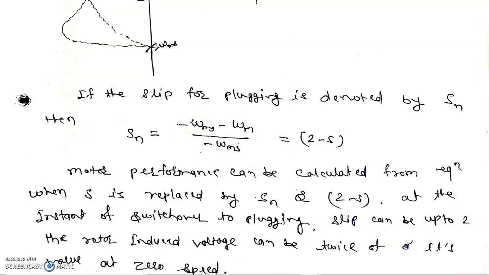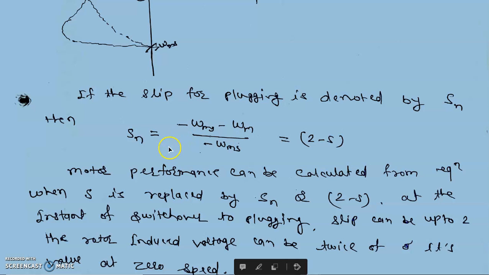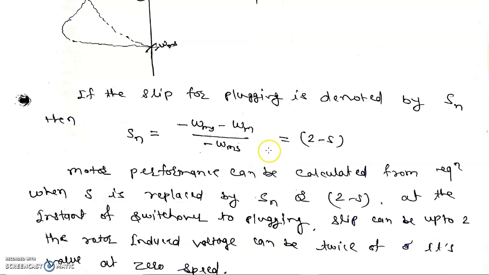So the expression of slip in case of plugging, if denoted by Sn, will become (minus omega ms minus omega m) upon minus omega ms. If we solve this expression, this will become 2 minus s. So the maximum value of slip may become 2.